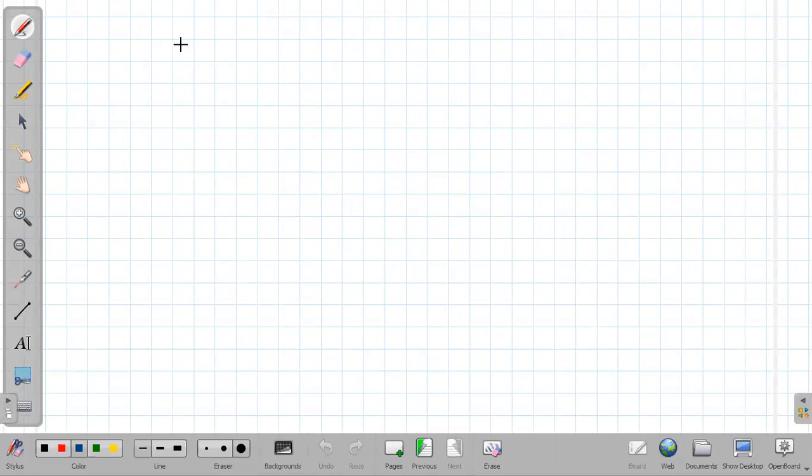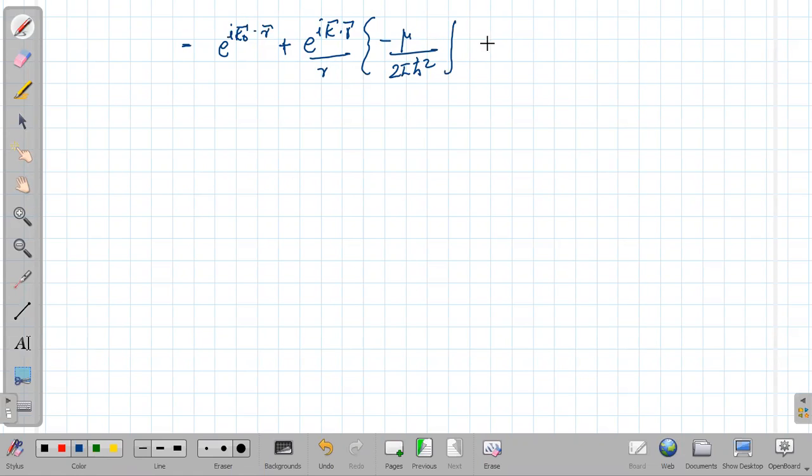Therefore this becomes equal to e raised to i k0 dot r, better put plus here, plus e raised to i k dot r upon r, minus mu upon 2 pi h cross square integral e raised to i k dot r prime v of r prime, then e raised to, there is a minus sign here, e raised to i k0 dot r prime d cube r prime.